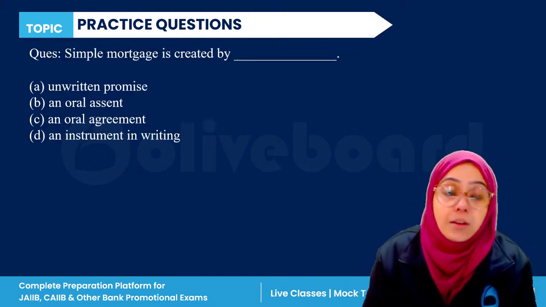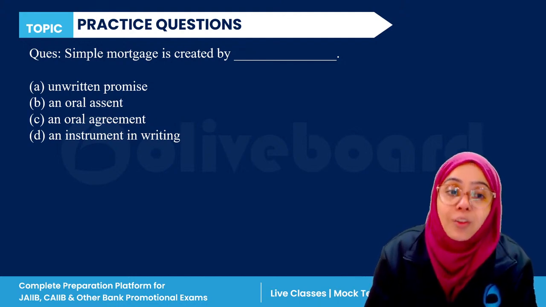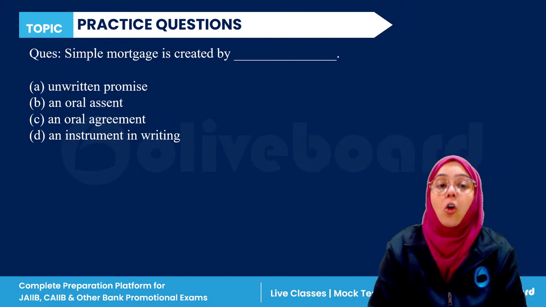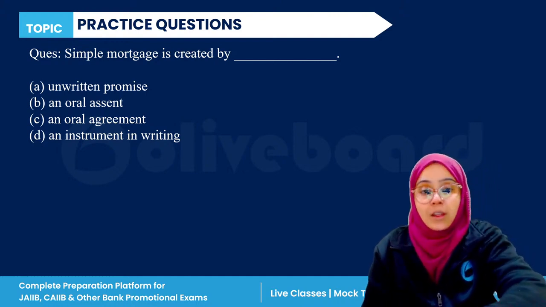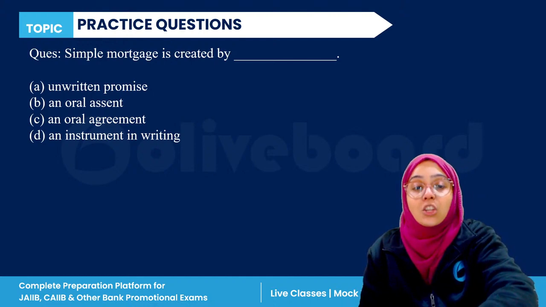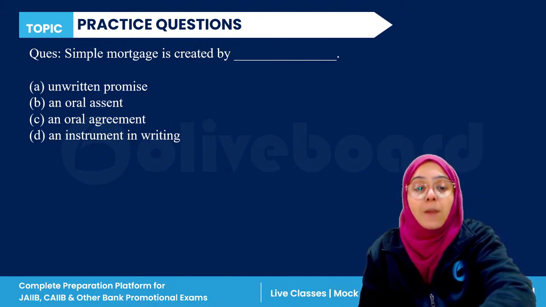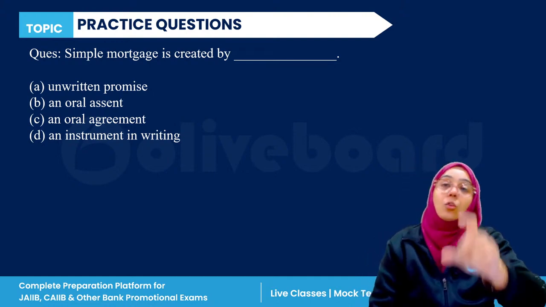Simple mortgage is created by an unwritten promise, oral assent, oral agreement, or an instrument in writing. Simple mortgage is created by which? Mortgage is related to what? Mortgage is related to immovable property, right? There are two very important things you have to note.